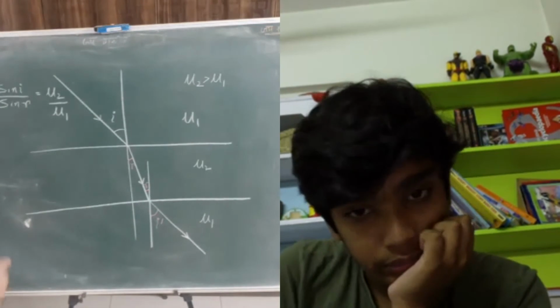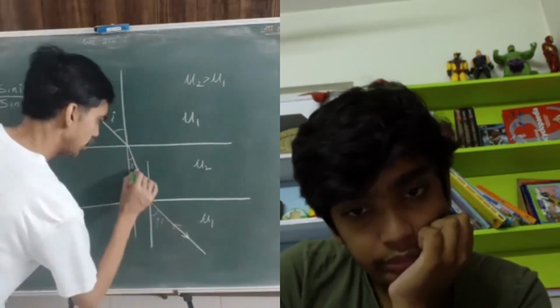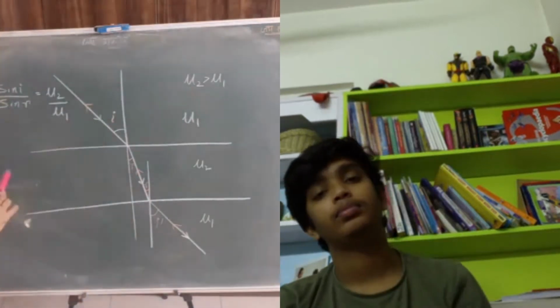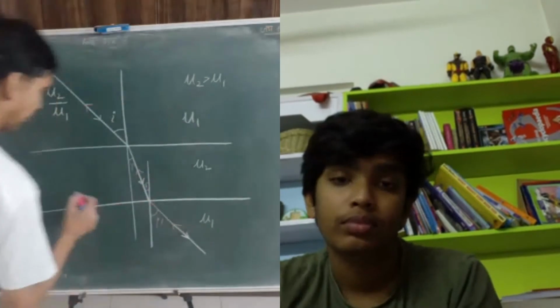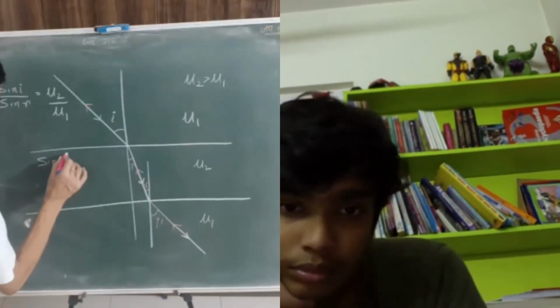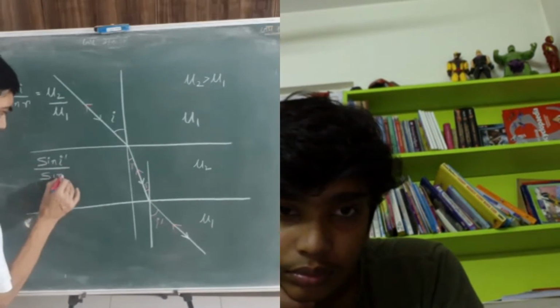So I'm retracing it. If I retrace, look at it. Is it retraced? Okay, help me write sin I, sin R for the retraced rays. Sine of I prime divided by sine of R, correct?